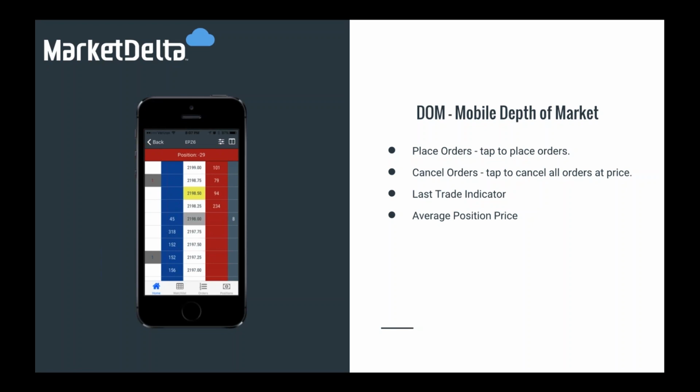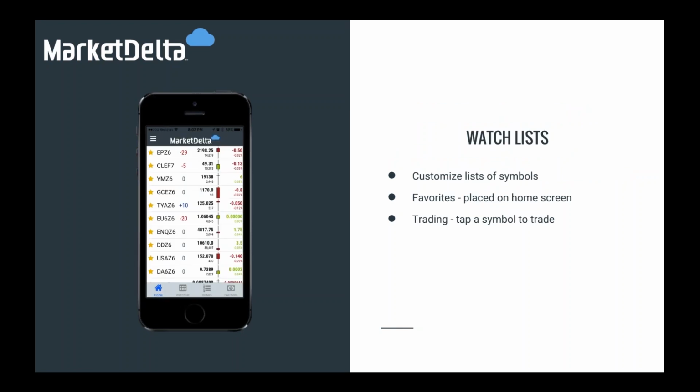This is the dome. If I were to tap a symbol, I have the option to see a dome or an order ticket. We expect most people probably want to see a dome, but it doesn't matter. I'm showing it here. It's simple to tap and place orders, and again, I can show all this in the demo.